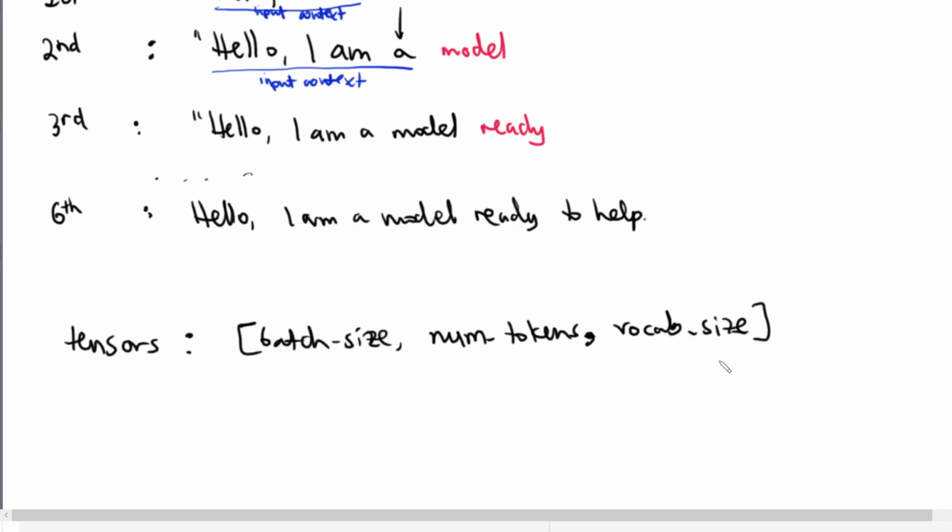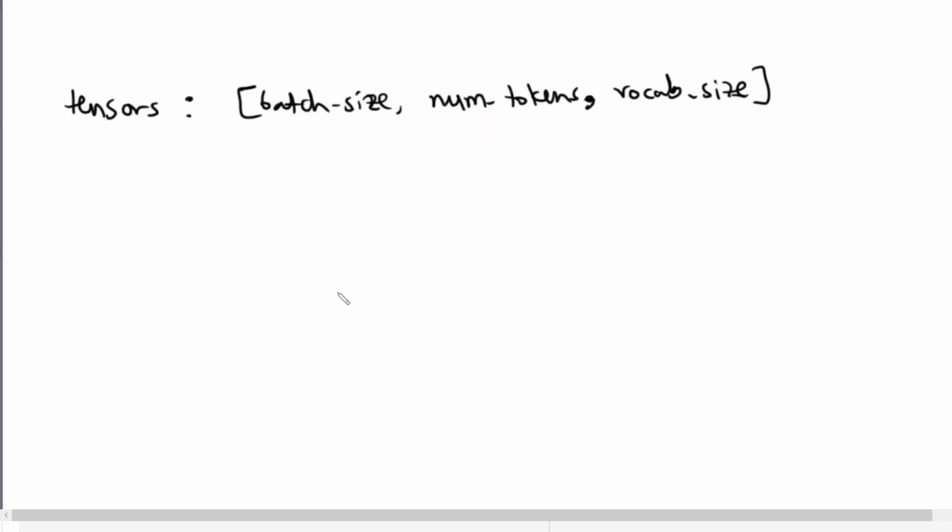Now the question is, how do we go from those logits, or those tensors, into words? That is the aim of this video. It's going to be a couple of steps, so let's see what the steps are.